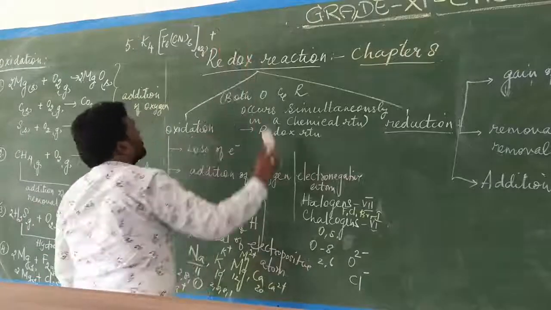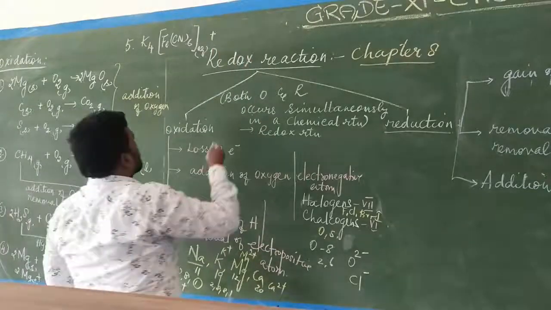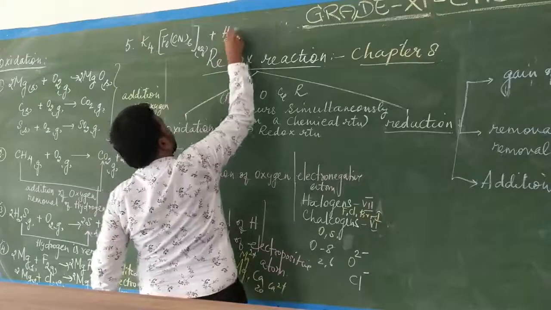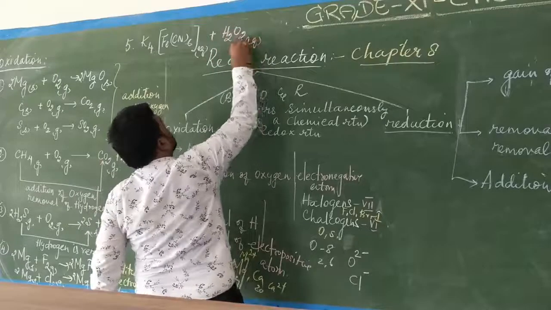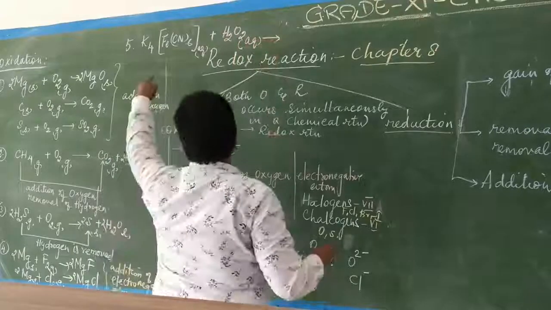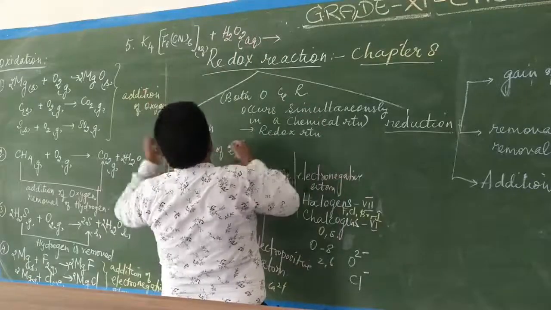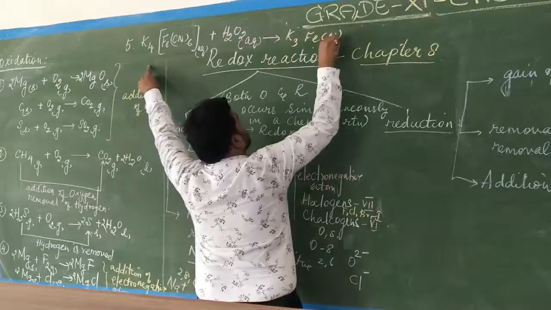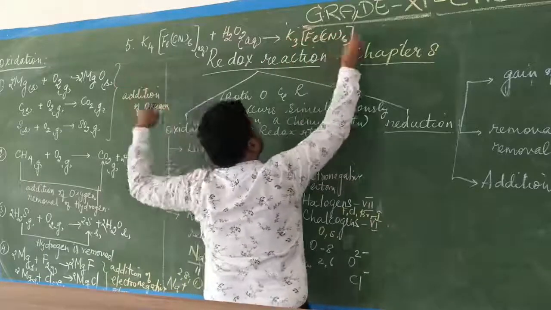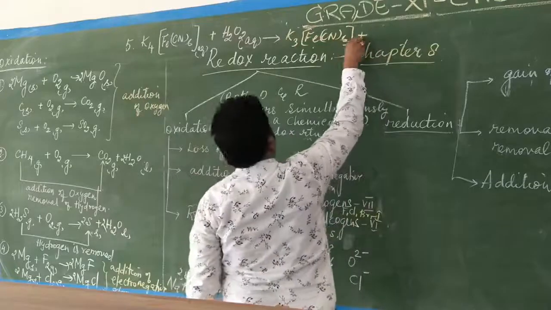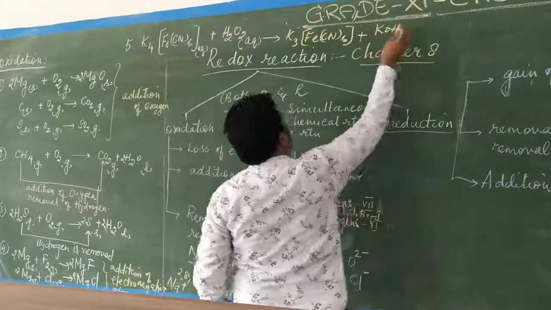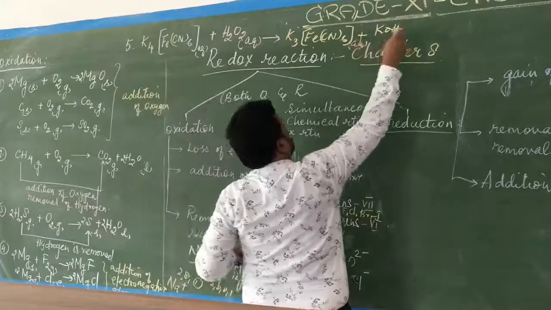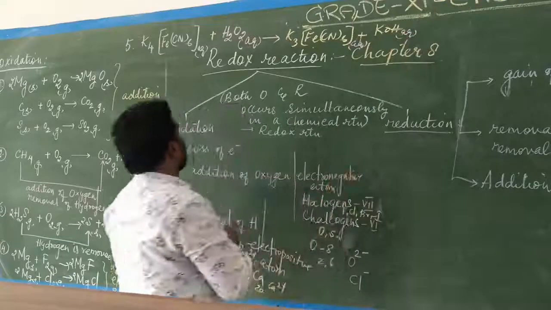We will take aqueous hydrogen peroxide, and as a result, it gives rise to the formation of K3Fe(CN)6 plus potassium hydroxide. Again, this is in an aqueous state and this is also in an aqueous state.